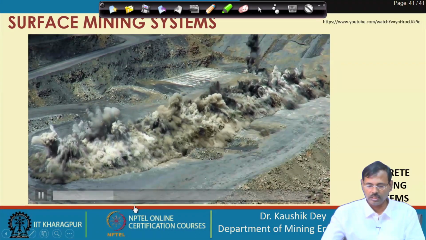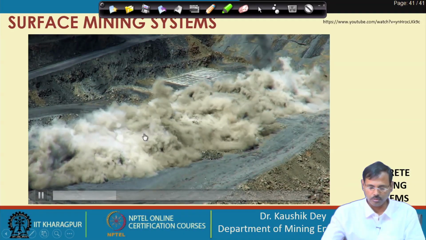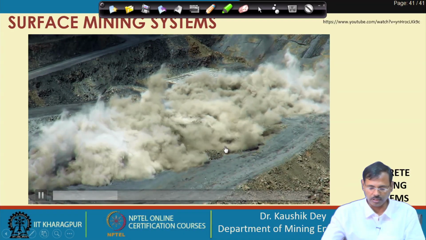So, this is the blasting carried out. So, after drilling, explosives are placed, then the blasting is carried out.